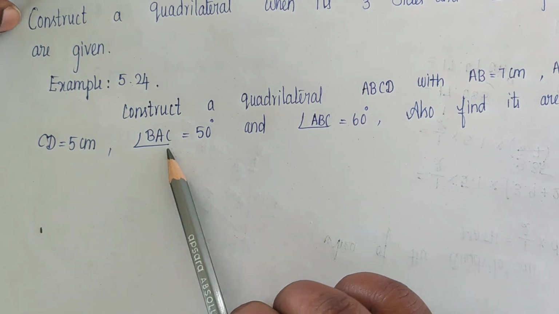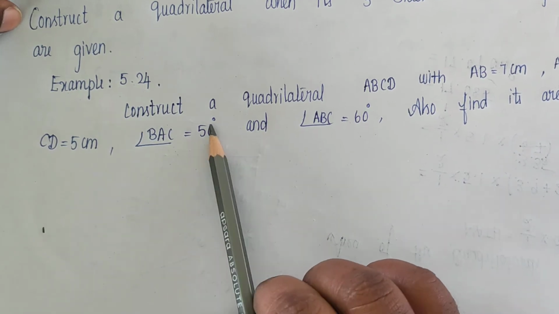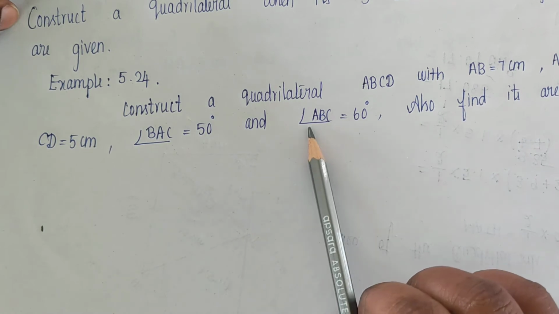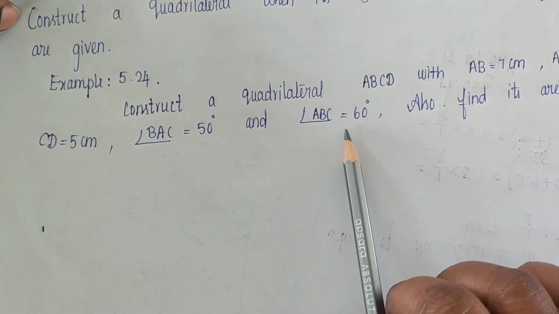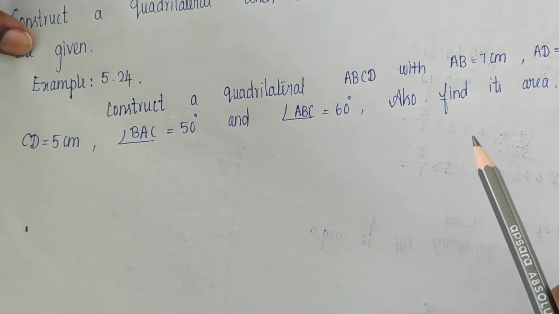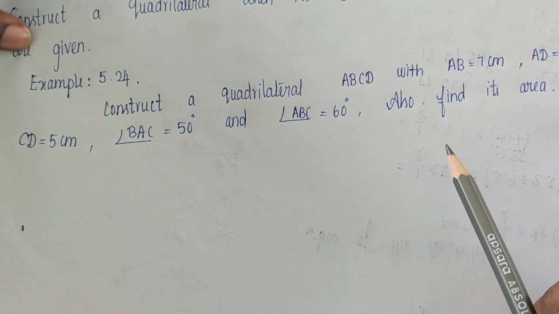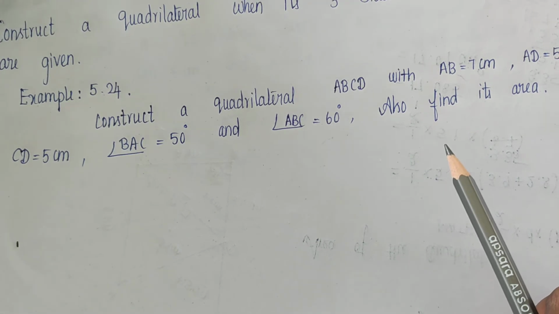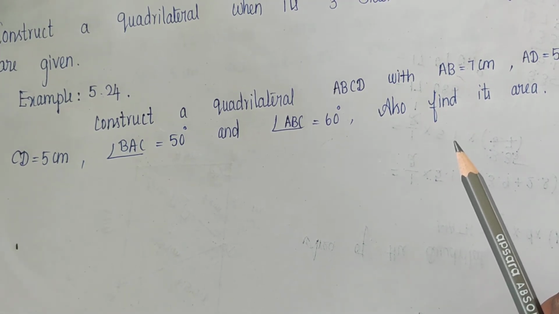Angle BAC equal to 50 degrees and angle ABC equal to 60 degrees. Also find its area.